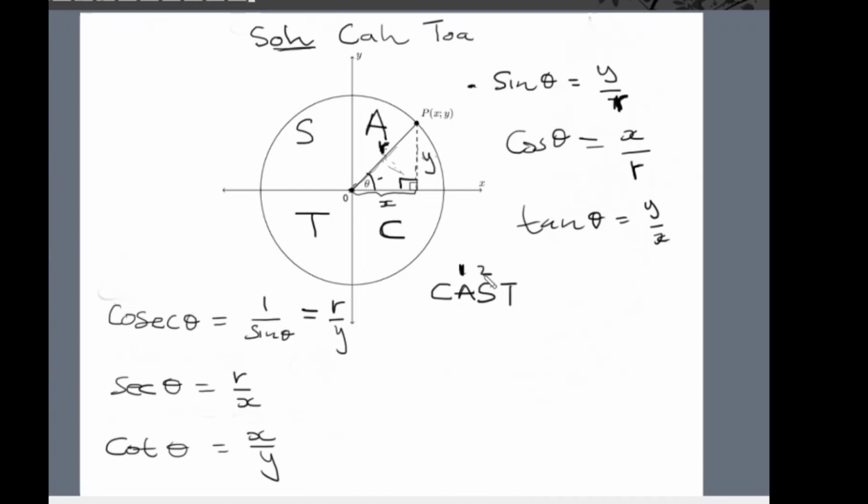Second quadrant, sine is positive. Third quadrant, sorry, tan is positive, and then fourth quadrant, cos is positive. Okay, so that is the CAST diagram.